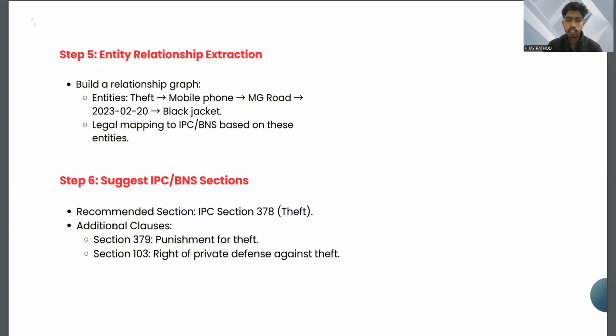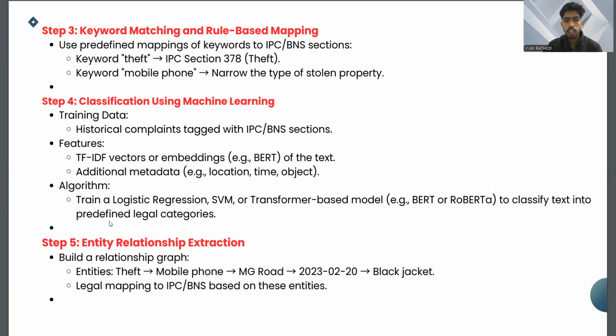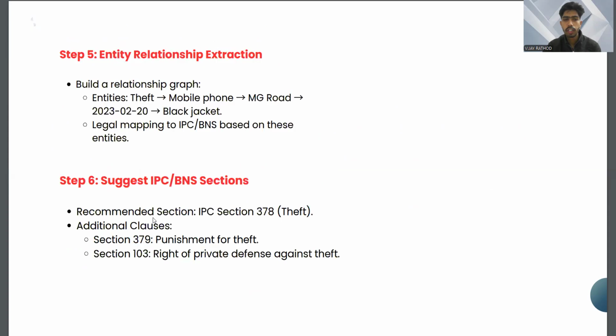predefined legal categories. Now the last one is entity relationship extraction. Here we build a relationship graph of entities: theft, mobile phone, MG Road, date, and black jacket, with legal mapping to the IPC based on these entities. Now the last step is to suggest IPC or BNS sections.